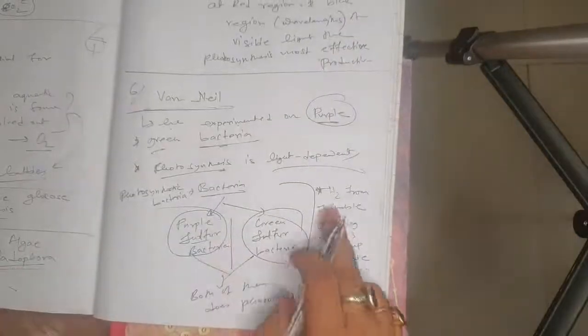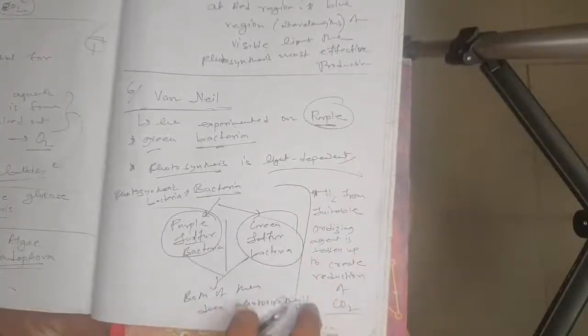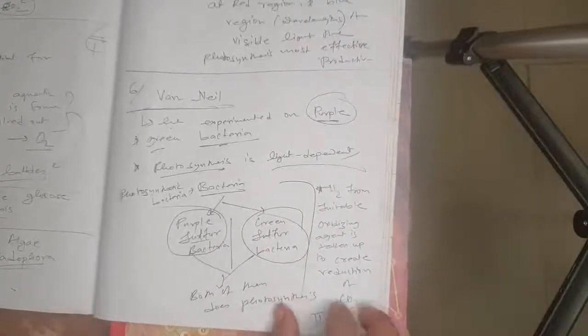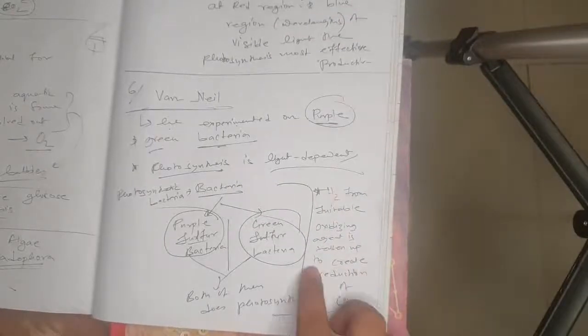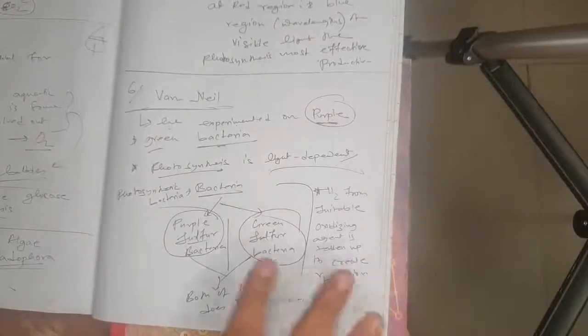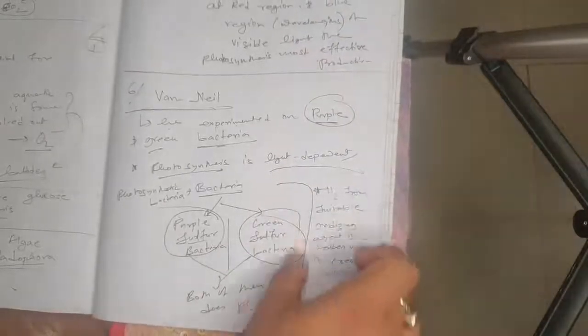Now that H2 can come from H2O. To make you understand the importance of this finding, that hydrogen from a suitable oxidizing agent is taken up to create reduction of CO2, I will discuss a little bit, and then you will understand the importance of this statement.